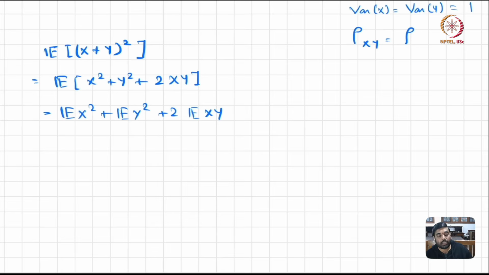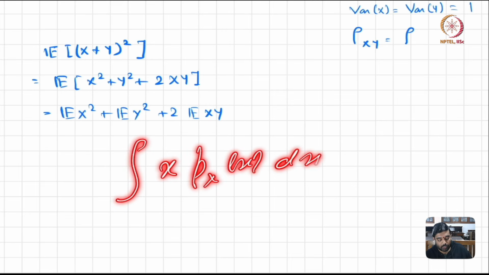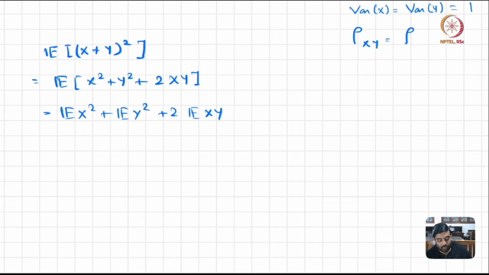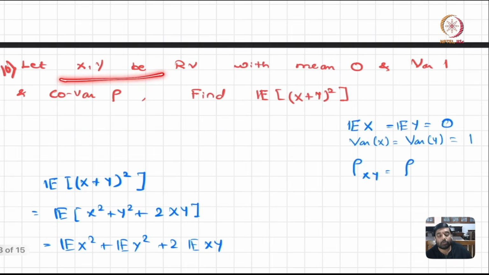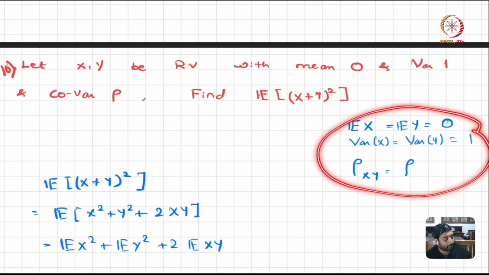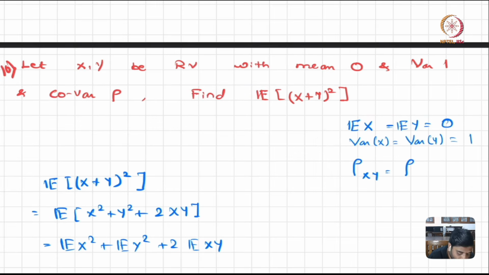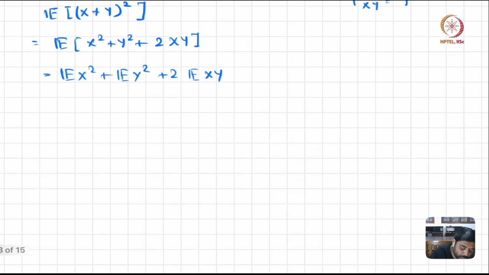If you want to calculate the expectation of x square, I know the law of the unconscious statistician. I can integrate x square into px of x dx. But what is this px of x? I haven't been given it. I don't even know the effective support of this random variable. So now the idea is quite simple.